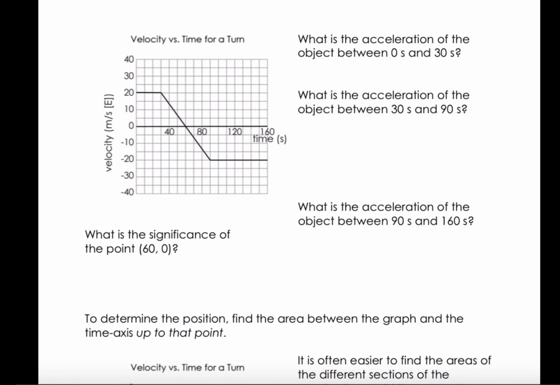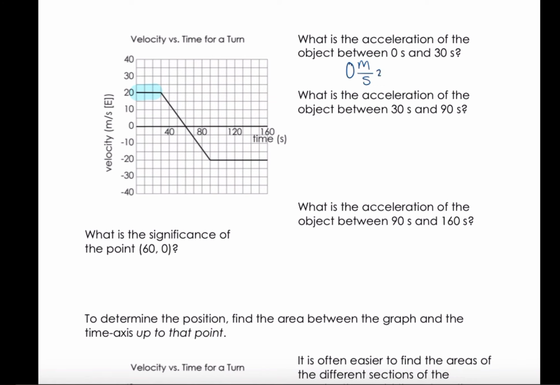Okay, one last section. So for this, what is the acceleration of the object between 0 seconds and 30 seconds? So from here to here, what is the acceleration? Remember, acceleration on a velocity versus time graph is the slope of the line. So the slope here is 0.